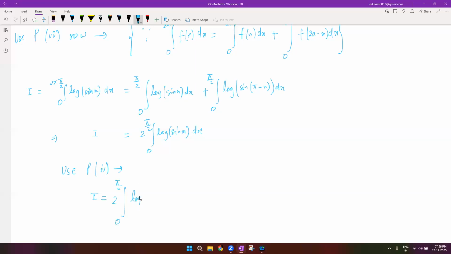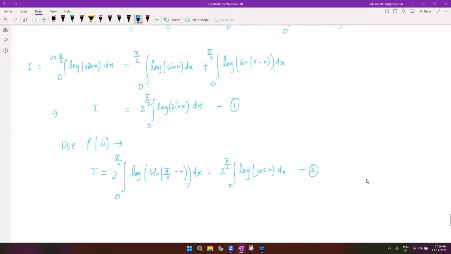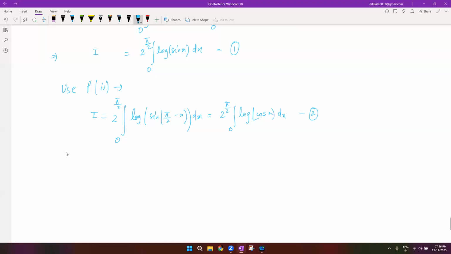This will become log of sine of pi by 2 minus x, using upper limit plus lower limit minus x, which is cos x. Now adding 1 and 2 again.